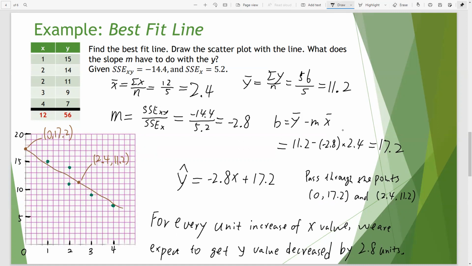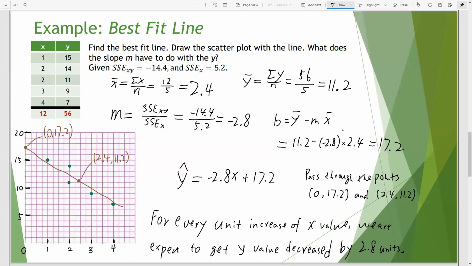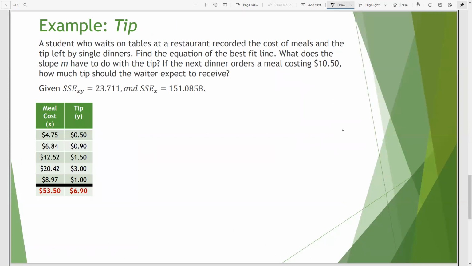All right. Then the next question will be very similar, right? About the tip, right? It's a similar idea, same idea, but looks a little different, right? Student, let's read the question.